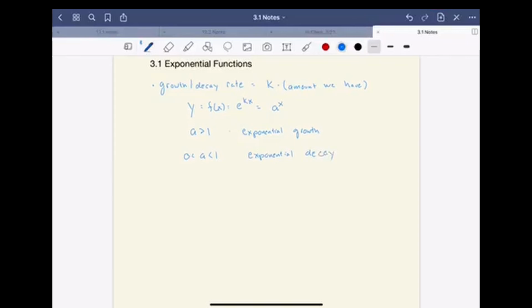And a is always bigger than 0, and we don't consider a being equal to 1.